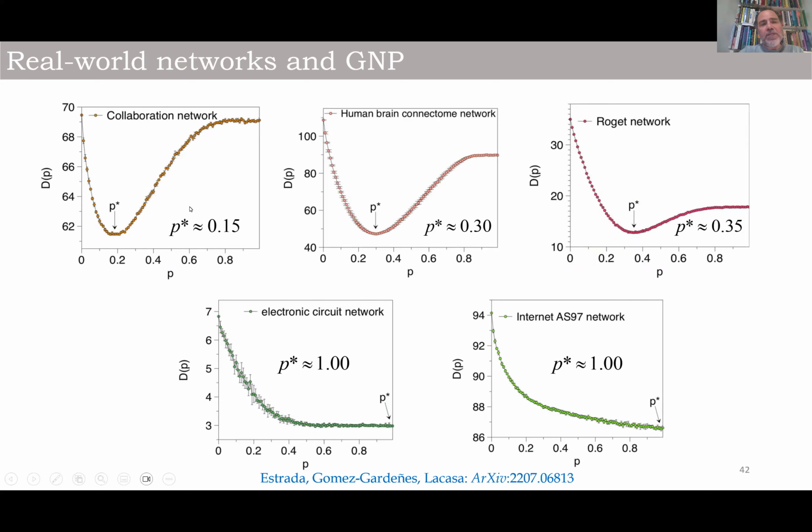So this is the P star here for the previous network. The human brain connectome has a minimum, but it is displaced a little bit from 0.15. This is a Thesaurus network. And there are other networks in which there is no minimum here, and they look more similar to the random graph that appears when the rewiring probability is equal to 1.